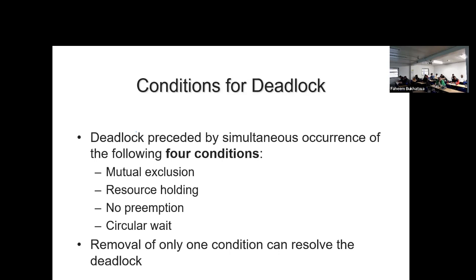For example, the frying pan guys. We need 2 resources. So one of them went and got the frying pan, now needs the spatula. The spatula is busy. If this guy says, okay, I'll sit and wait, while holding the frying pan, this is called hold and wait, or resource holding.